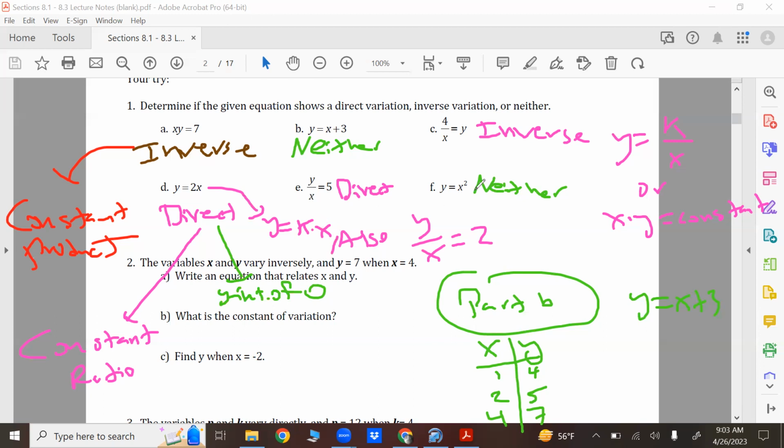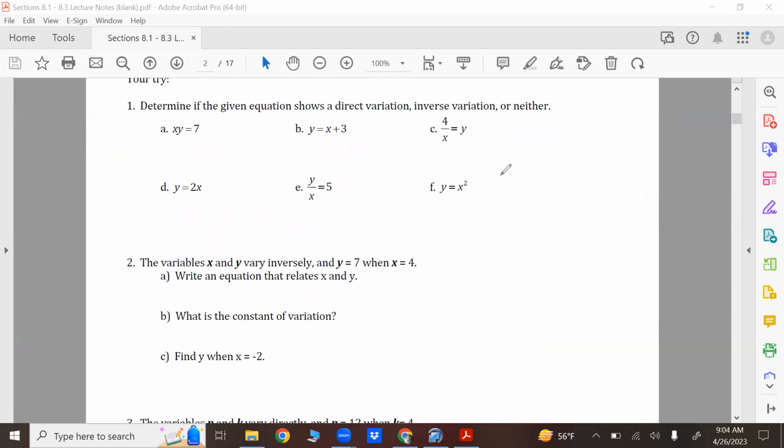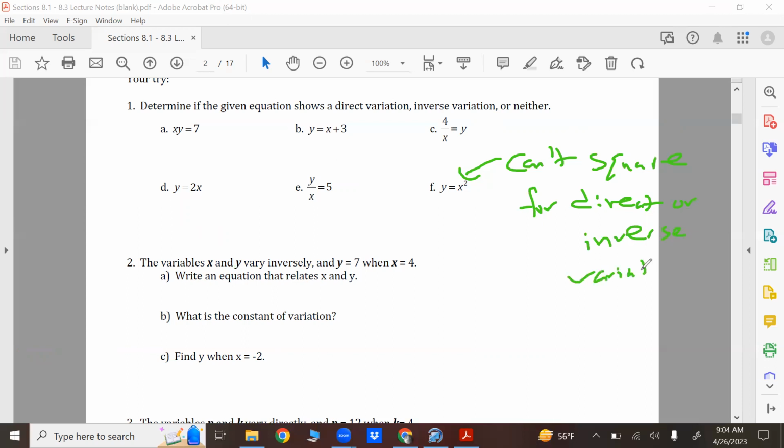Now F, why am I saying neither for F? What's going on with F? What throws it off there? That's the root. Yeah, the exponent, or a root, same. A square root would be the same issue. You can't square for direct or inverse variation.